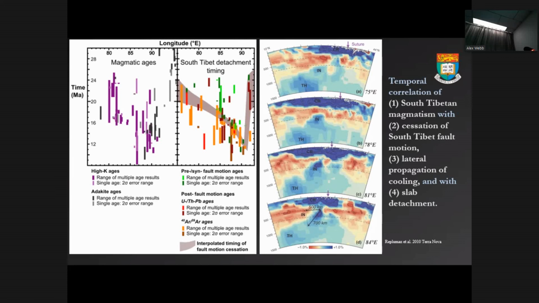So this is one of them. This Tethyan slab is thought to have fallen off early in the collision. And then there's an Indian anomaly that is thought to represent a chunk that fell off in the middle of the collision, something like 25 Ma.